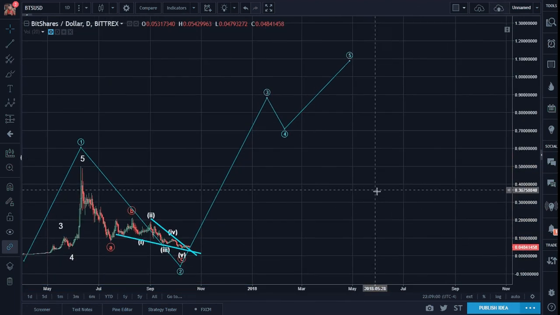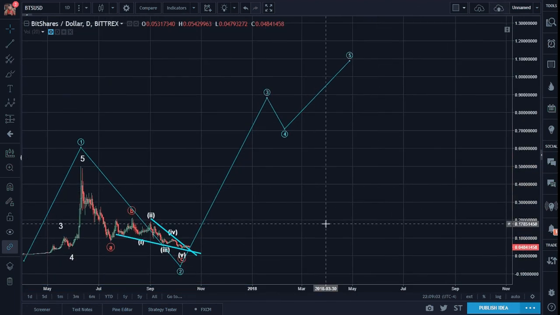Okay. Something like that. And this may be one of those that could be inversely related to Bitcoin as Bitcoin takes its big correction.